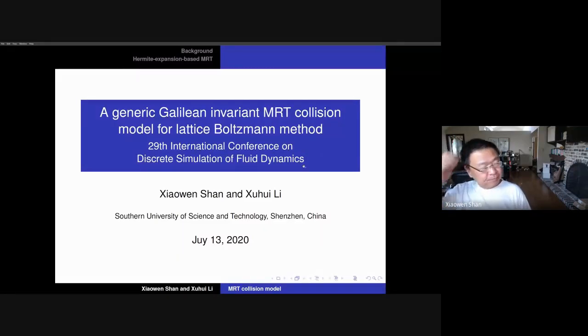So my talk, the title of the talk is a generic Galilean invariant MRT collision model for a Lattice Boltzmann method. This is some work that we did in the past 12 years. So I'll just try to give an update on that.